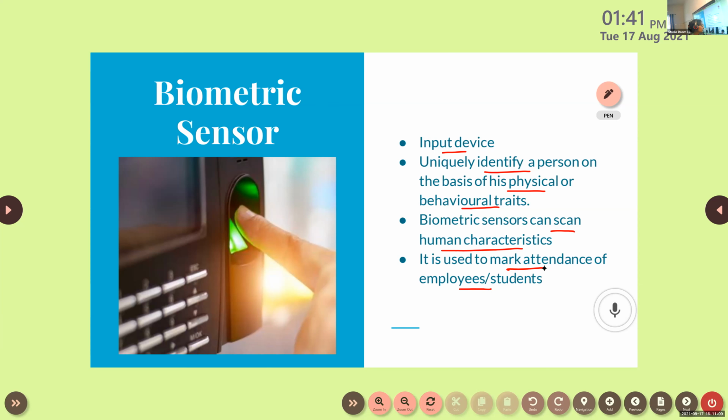It will be easy to take the attendance of all the employees as well as the students. As you know, technology has been increasing day by day, right? What is the name of this? Biometric sensor. It scans human characteristics. This is all about this biometric sensor.